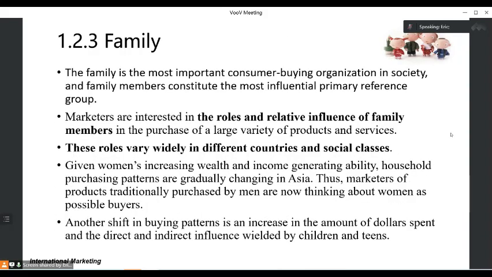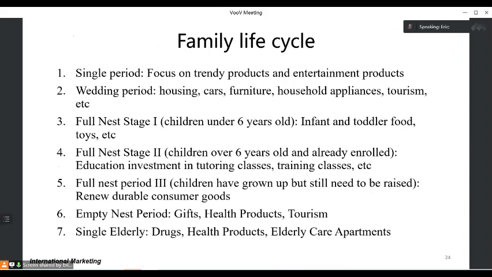And about the family, there is a family life cycle. In each stage, you find that the products they buy are different.